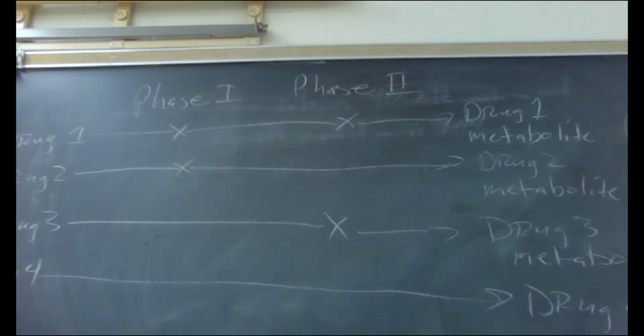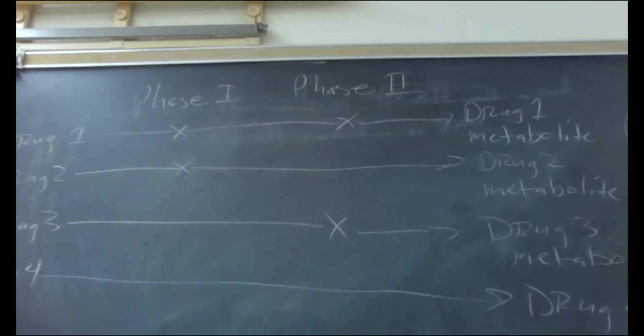And I'm going to underline that one because this is definitely the major drug metabolizing enzyme in your body, for sure. 1A1, 2C9, 2C19, 2D6, and 3A4.